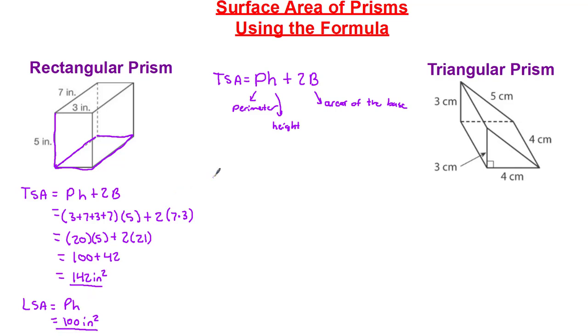Okay, so why does this work? So if we take our base, which is going to be a 7-inch by 3-inch, and then 7 inches here, and then 3 inches here. All the heights, if you notice, if you extend this, all of our heights are going to be the same exact thing. It's all going to be 5.